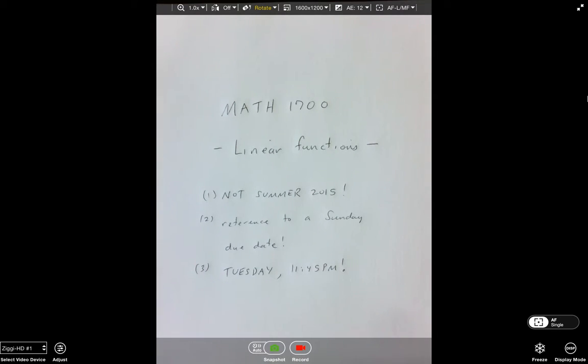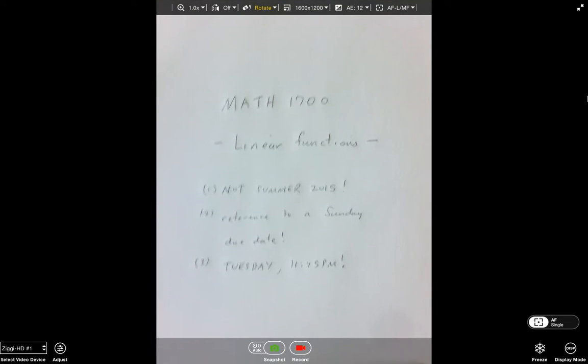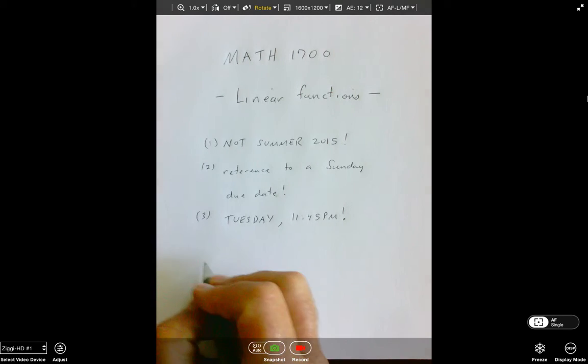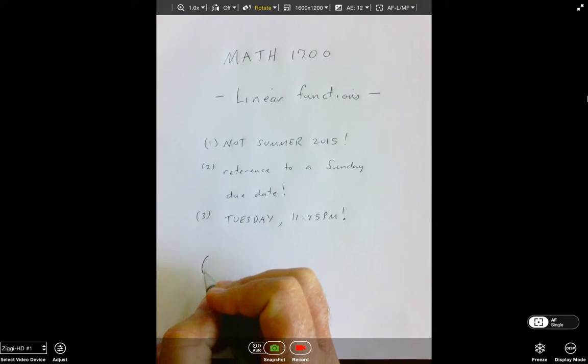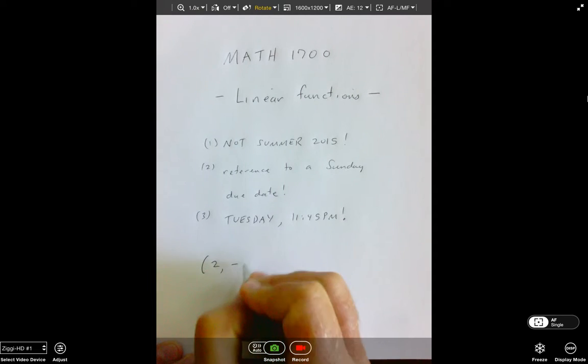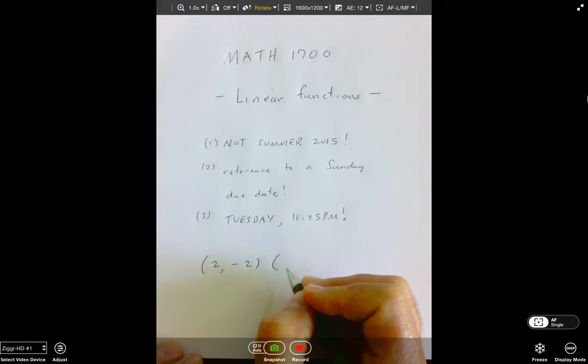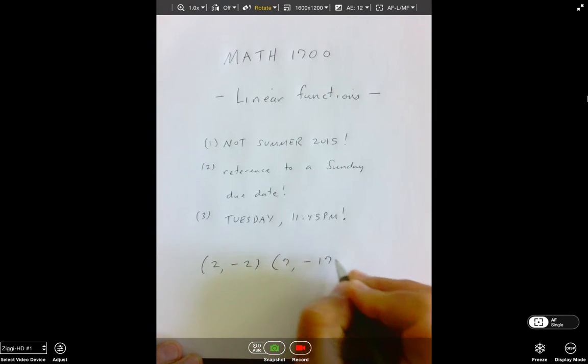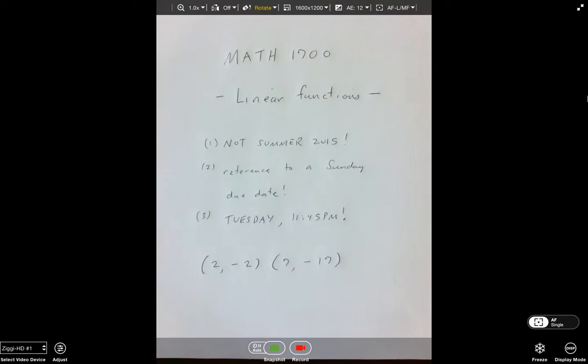What I'm going to teach you partly in this class is how to use your calculator to find, for example, let's say that we have the points 2, -2, and 7, -17. And we want to find the equation of the line that passes through these 2 points.